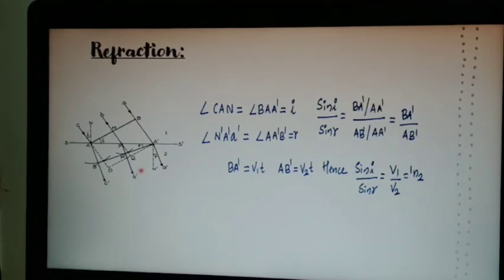Is it clear? So these are the two properties that you have to prove by wave theory of light, reflection and refraction. That only you have to learn from this chapter, Huygens wave theory of light, the first chapter in wave optics. Okay.